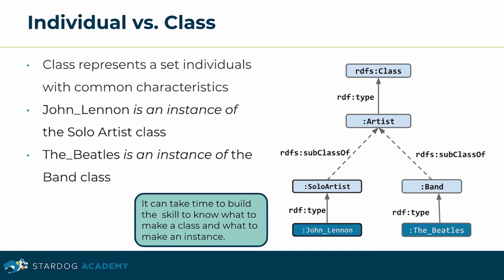Well, it can take time to build a skill to know what to make a class and what to make an instance. But in such a case, the class is a more generic abstraction of the individual it represents. An individual or instance is a more specific type of thing. So it's an instance of a class.